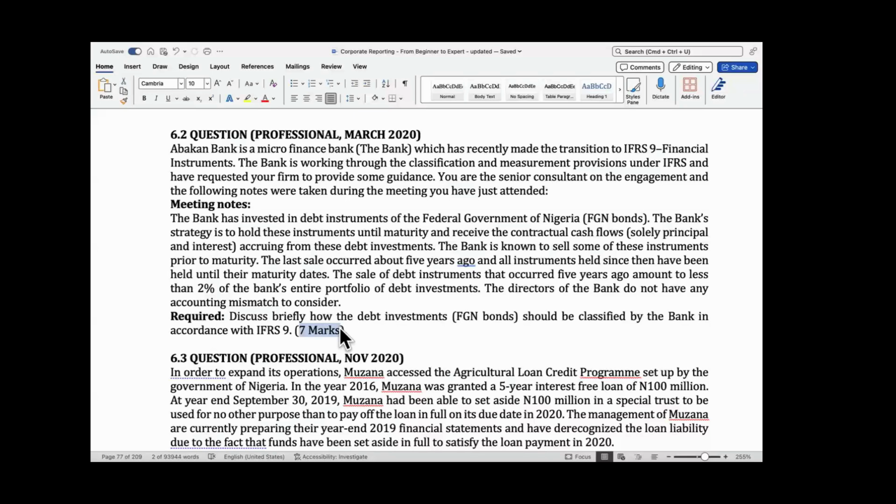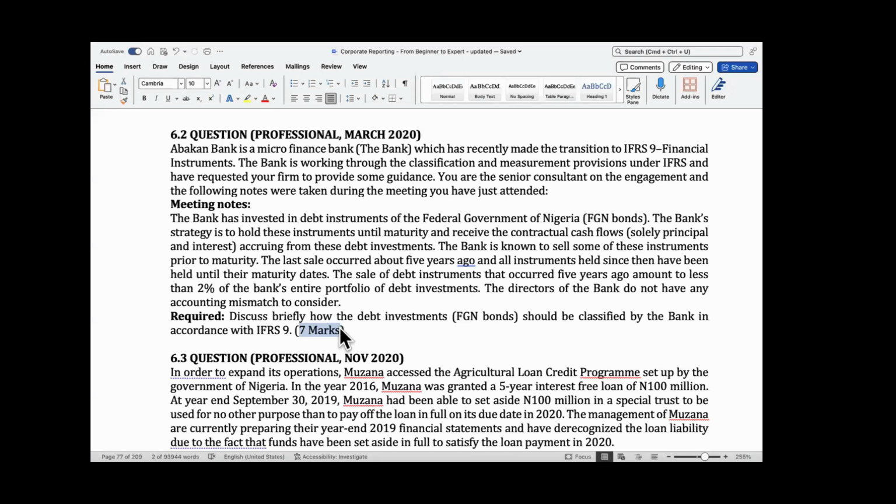And the basis of classification is the business model and the contractual cash flow. You now go ahead and tell us that you can classify at amortized cost where the business model is to collect solely interest and principal. And of course, there has to be a contract that states that you will collect interest and principal.